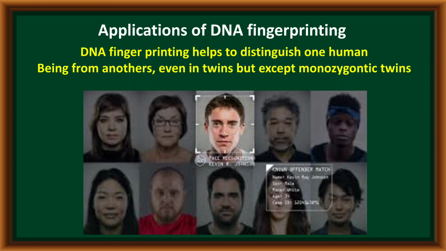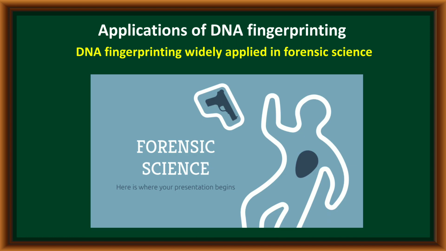It helps to differentiate and distinguish one person from other persons. It is possible even in the case of twins, but it is not possible for monozygotic twins, because monozygotic twins have the same DNA fingerprinting autoradiograms.